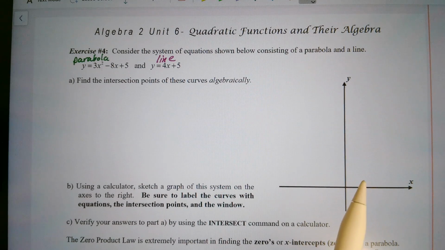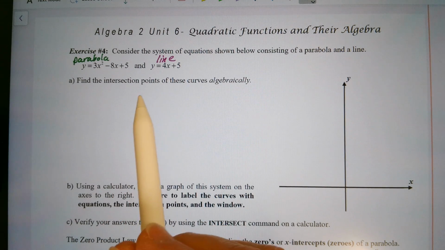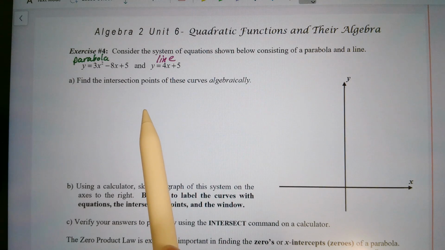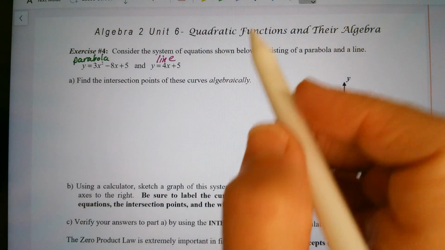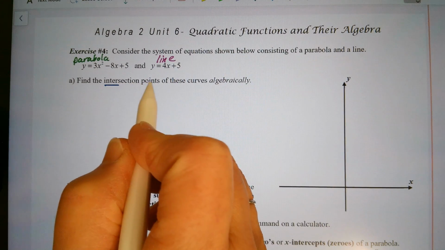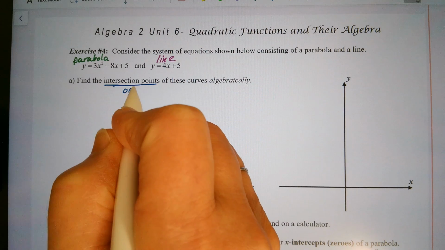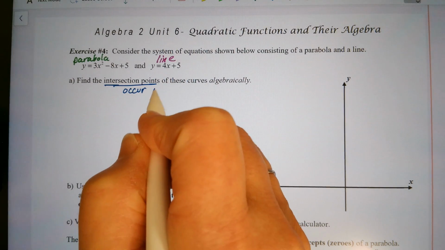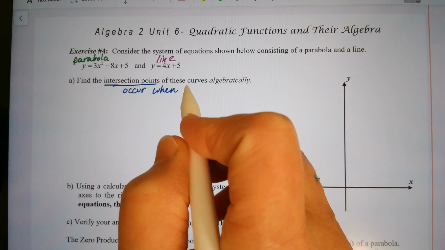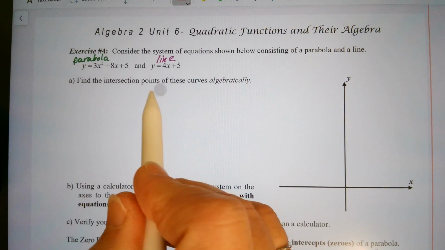Well, the intersection points occur when the two equations are equal to each other. So let's just look at that first. So the intersection points occur when, or where, let's try this again.